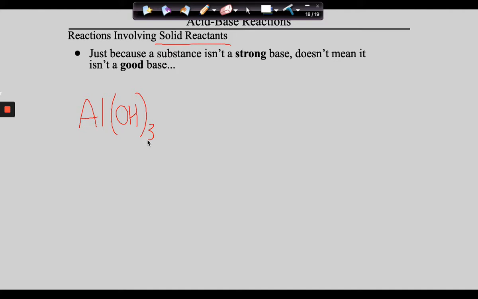It is such a good base that we put it in tablets and we feed it to people with stomach acid issues. It's called Rolaids, because this is the active ingredient in Rolaids. But what makes it such a good base? It's got 3 hydroxides. We call this tribasic.